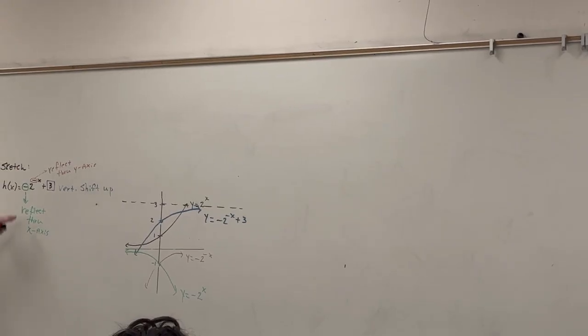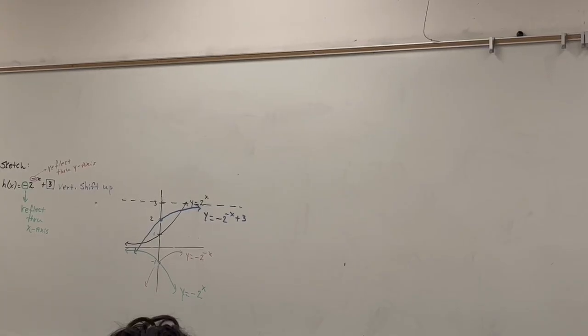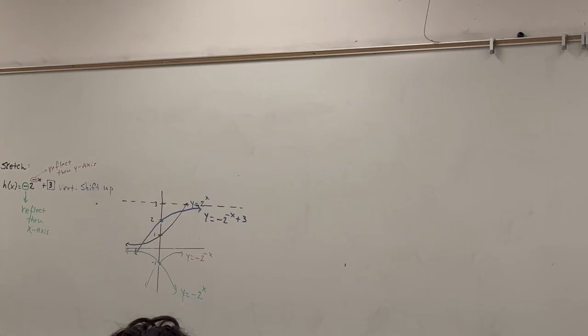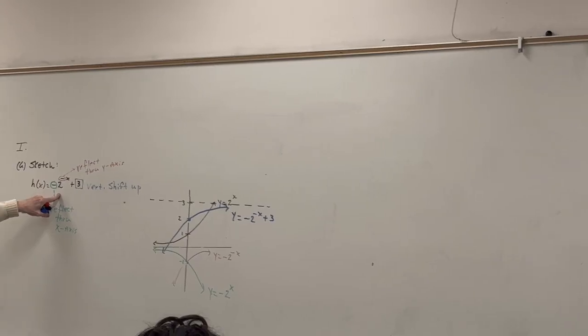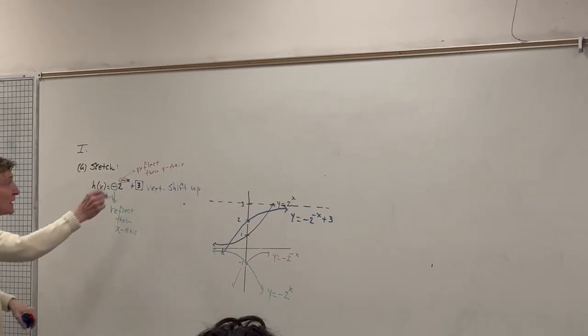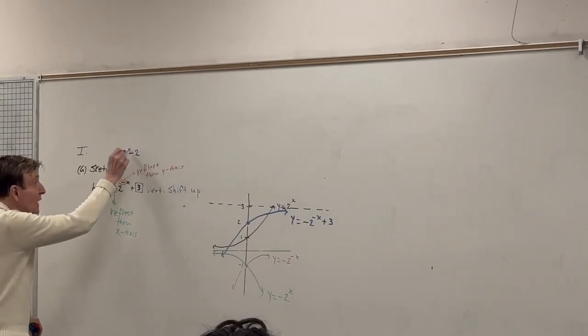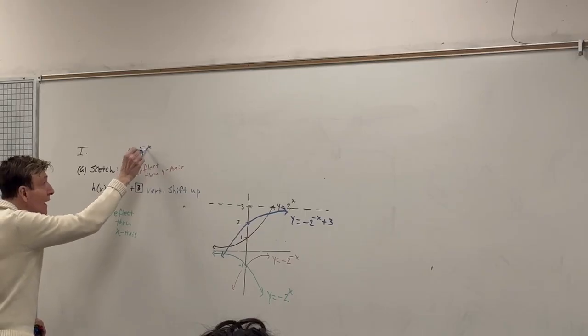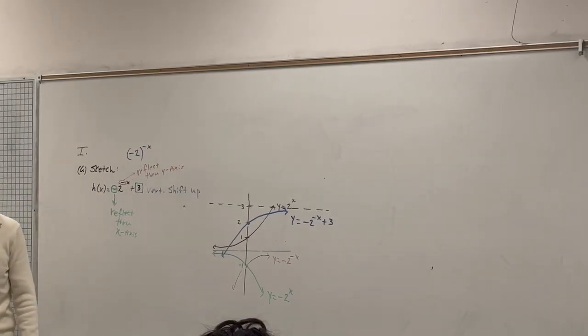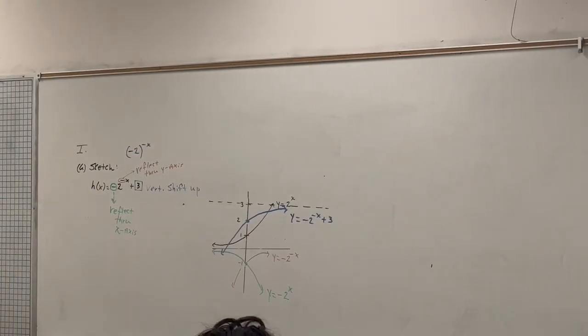Guys, guess what's acting as the base of this? You see the 2 there? The 2 is going to be the base. If they wanted -2, which they can't do, but if they wanted -2, they would have enclosed it like this. They did not enclose that.